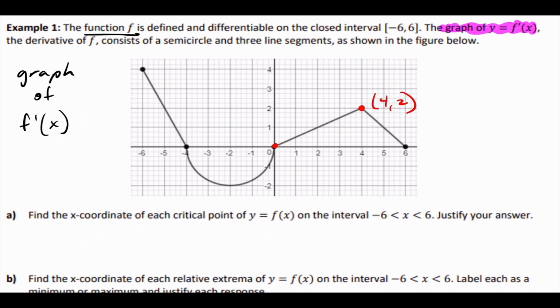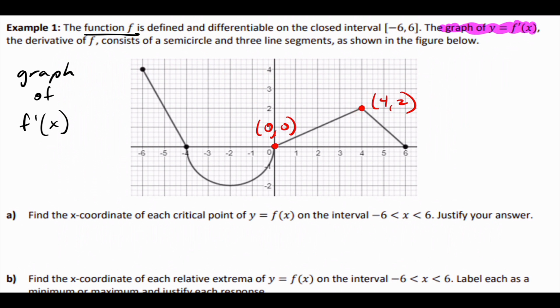Here. (0, 0). That means for the original, which we don't have, what I mean by f, when x equals 0, the slope is 0. What do we know about slopes that are 0? So if a slope is 0, what does that tell us?